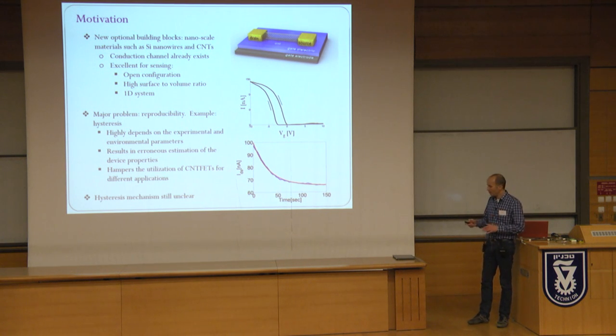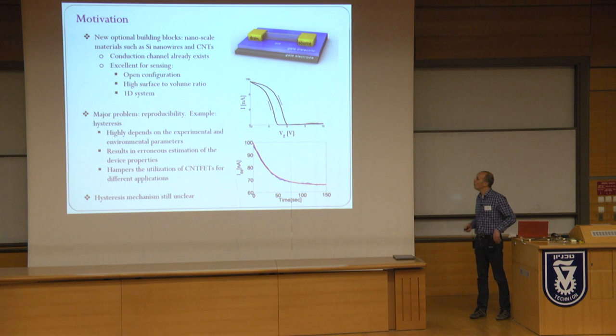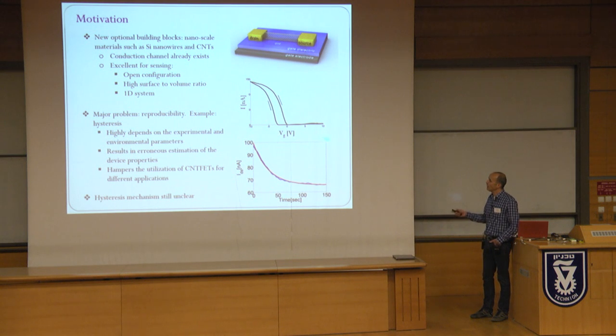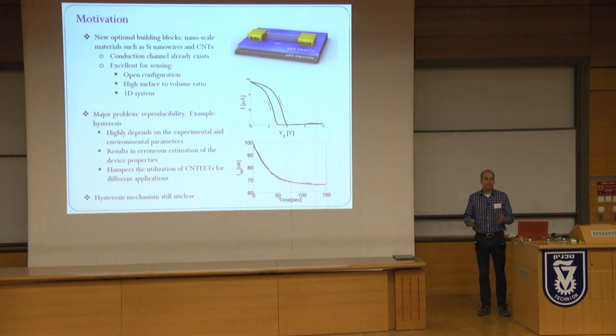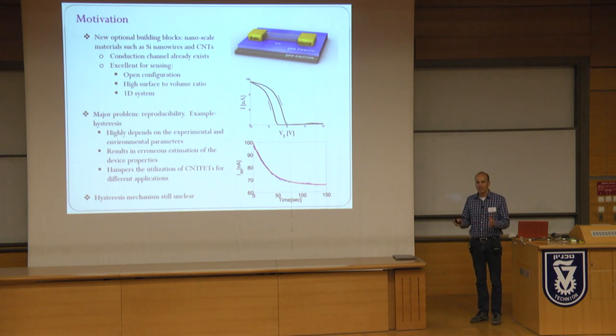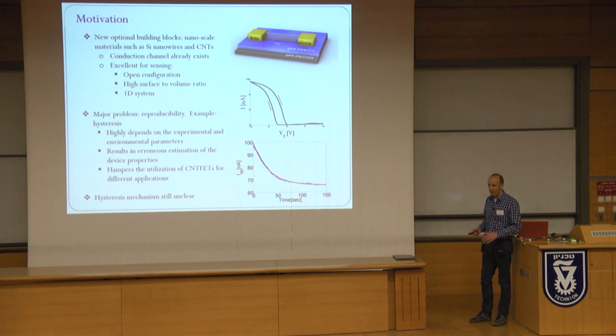But the main problem, which always exists and which usually nobody wants to deal with, is that if you look at the transfer characteristics, I as a function of gate voltage, there is always some hysteresis. If you want to do real electronics, you cannot deal with such hysteresis. Even for a non-volatile memory, it will always differ from what you expect, because it depends on many parameters. So it's really a big problem.